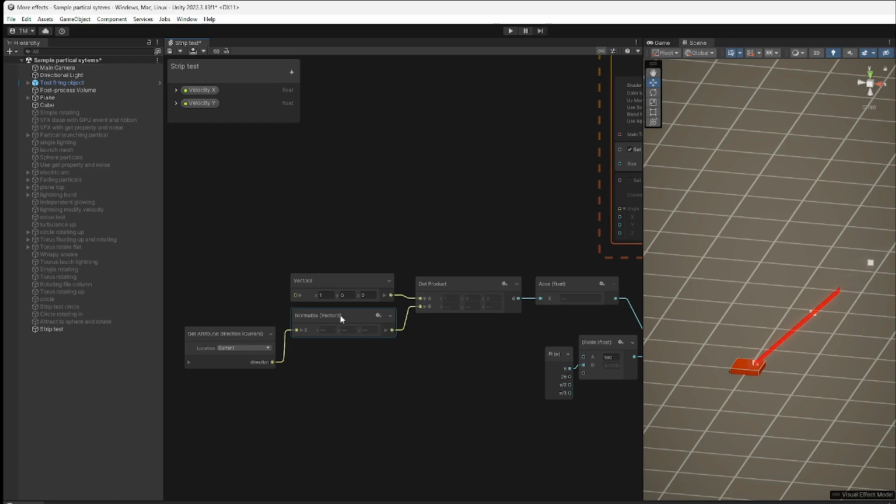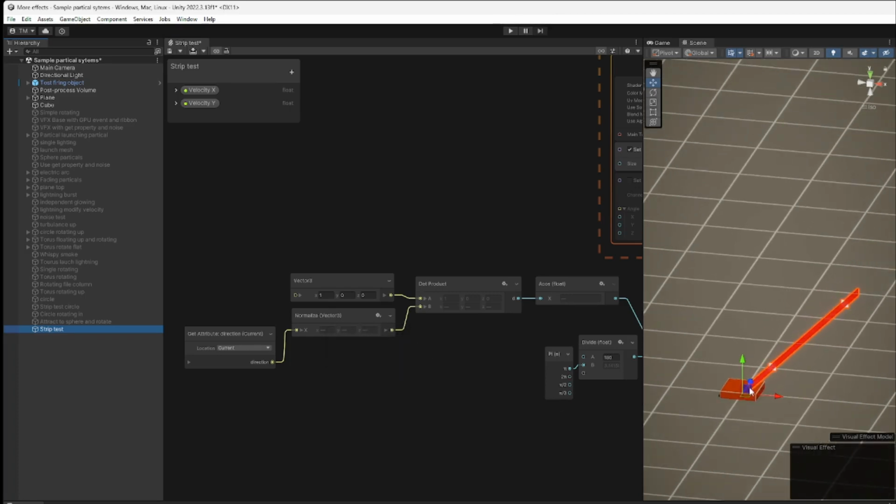What I'm going to do is find the difference between that vector, the direction, and a direction going straight in the x direction, which is this. So I'm finding this angle here, between this line and this line. I want to find that angle.